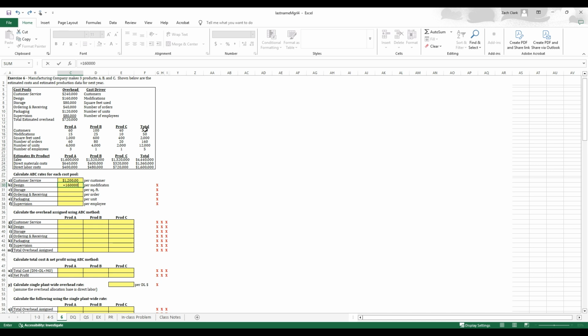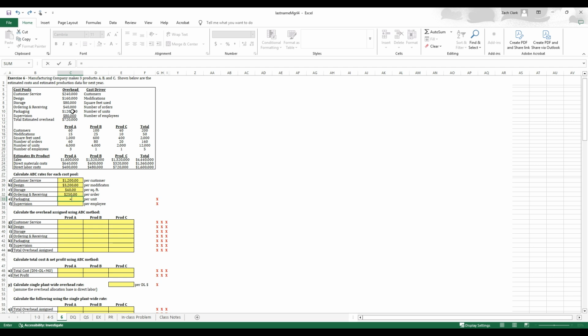We've got 160,000 divided by how many modifications, 50 in total. Then we've got storage cost of 80,000, and we're going to be breaking that up based on square feet used, 2,000 total. Then we've got ordering and receiving, 40,000 divided by the number of orders, and there it is, 160.